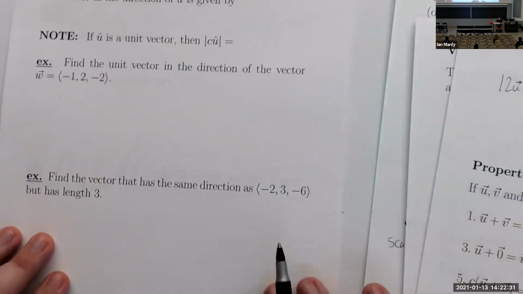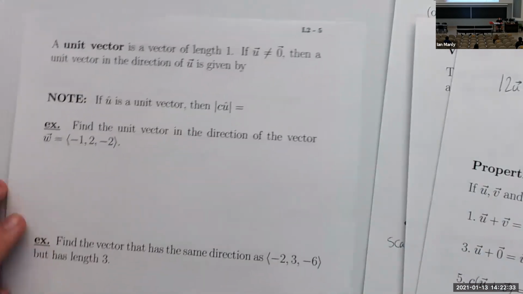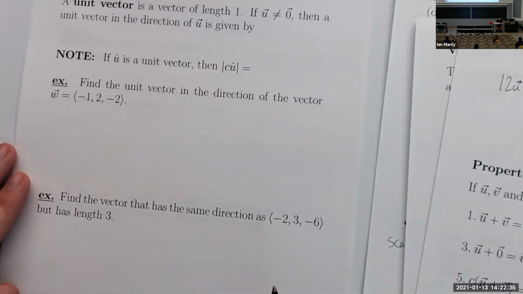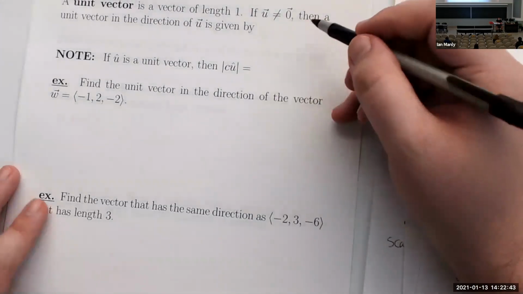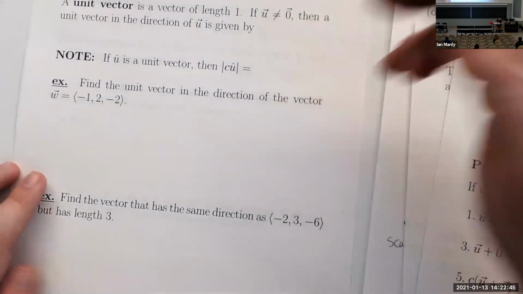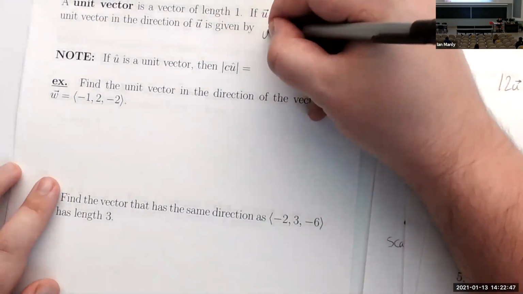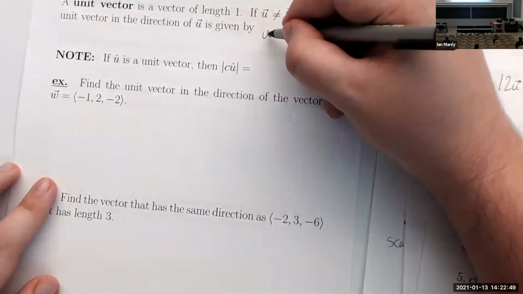Okay, another piece of terminology here is the unit vector. A unit vector simply has length 1. It could be in any direction you want, so long as the length is 1. Now, a formula for getting a unit vector is this. Let's say I want to get a unit vector in the direction of u.